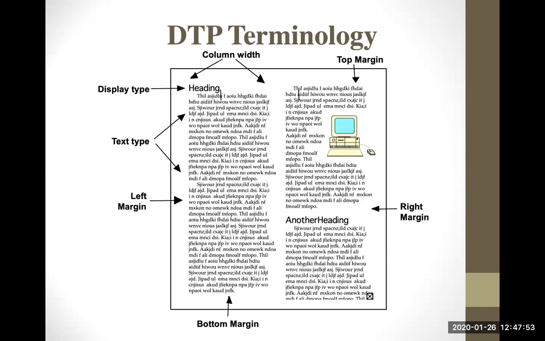And then if we think about column width, those are things that are important to discuss and understand depending on the amount of content you have on the page, as well as thinking about how we're indenting.